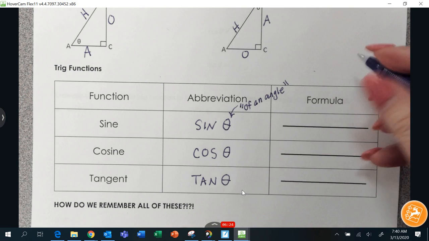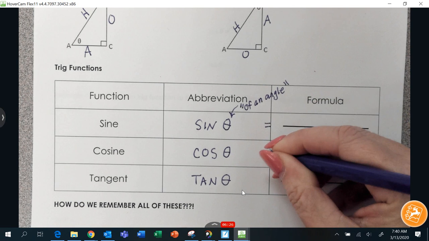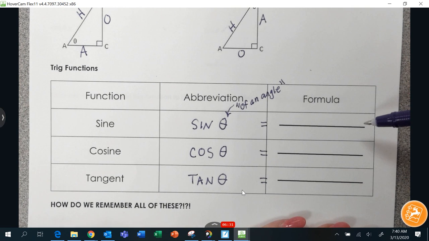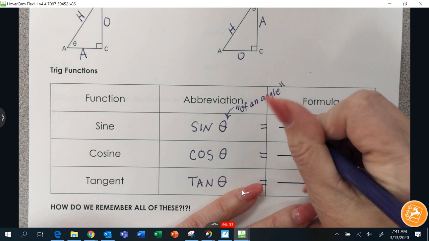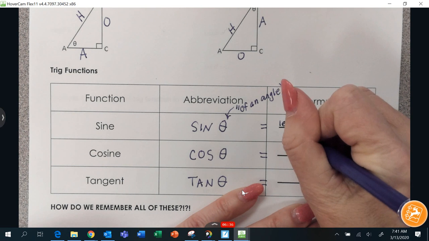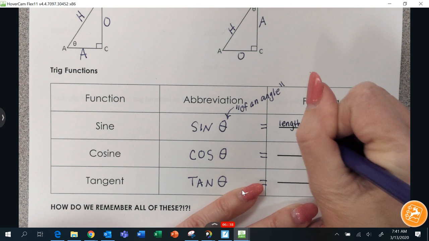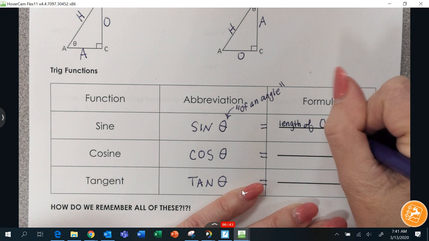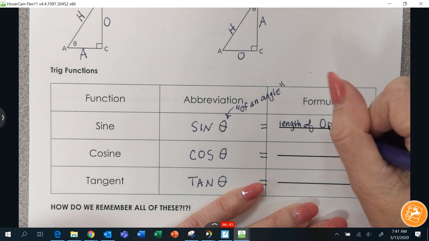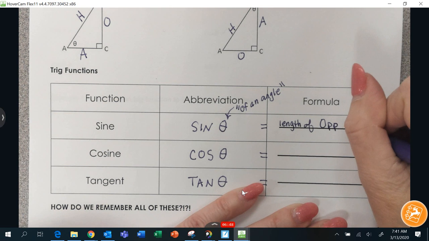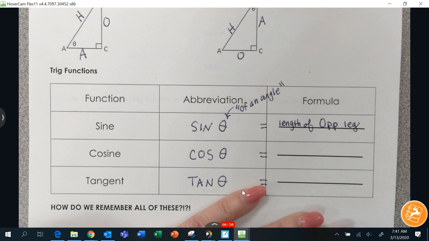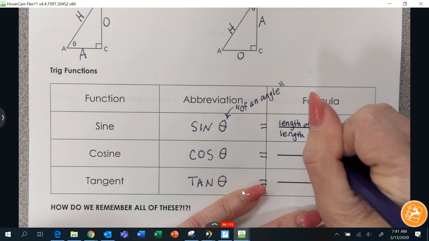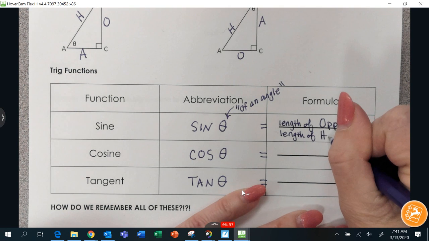We always have sine of an angle or sine theta. Now to get sine theta, we have a formula. So I'm going to put an equal sign for each of these because this is a formula. To get the sine of theta, you take the length of the opposite leg and you divide that by the length of the hypotenuse.